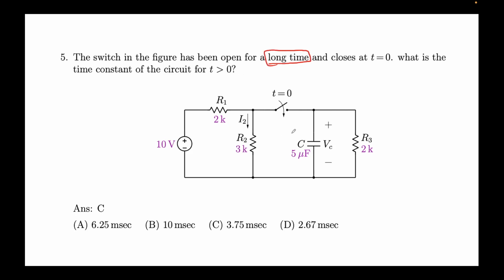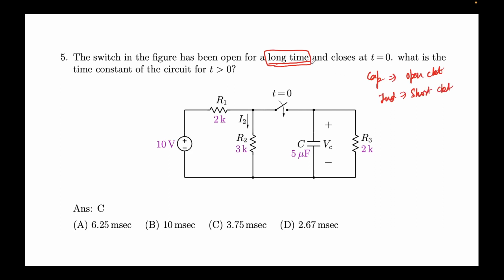So what do we mean by that, for a long time? When this phrase is used, what we typically mean is that all the capacitors can be assumed, if they are functional for a long time, to be open circuited, and inductors to be short circuited.